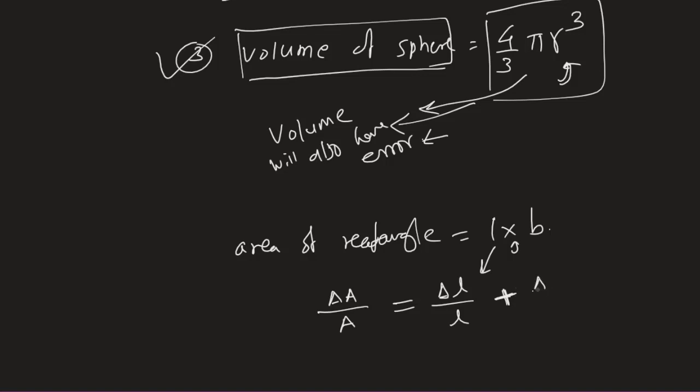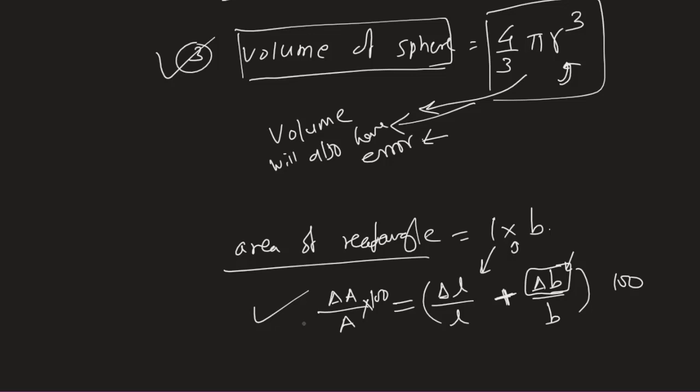So if there is error in the measurement of the breadth, we just add that relative error over here. That's how you can calculate the error in the area of a rectangle. This is the relative error, but if you want the percentage error, you can just multiply by 100.